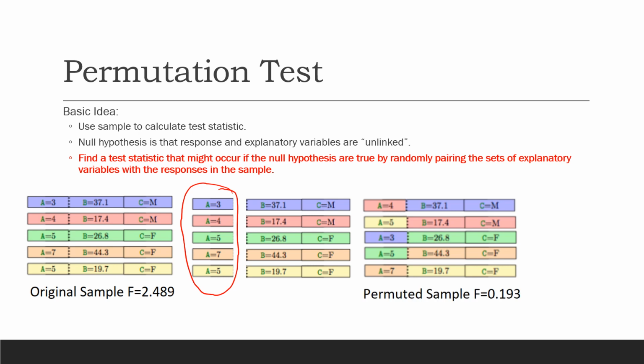Once I've got my permuted sample, I use that to calculate the test statistic. Same statistic as my test statistic. Remember, this is actually my test statistic, but this is a value of that same statistic that might have occurred due to chance if the null hypothesis were true.